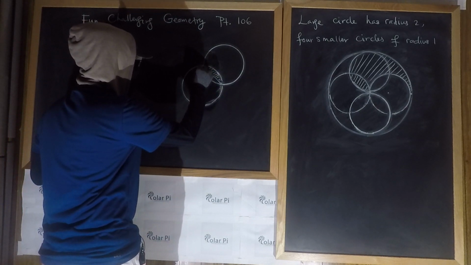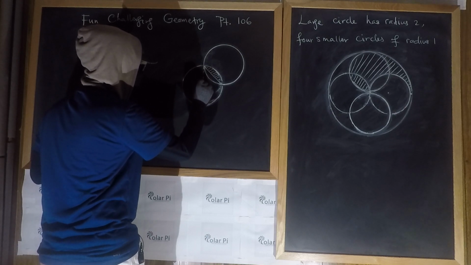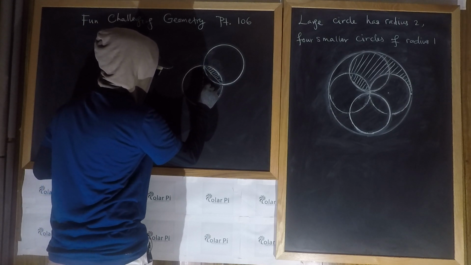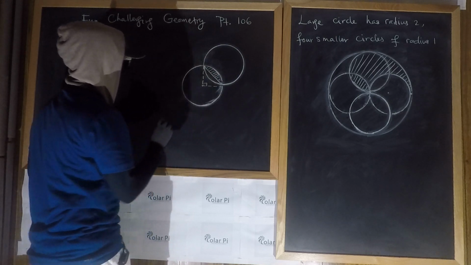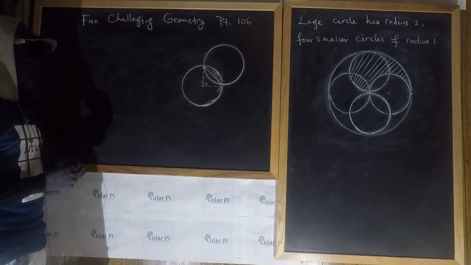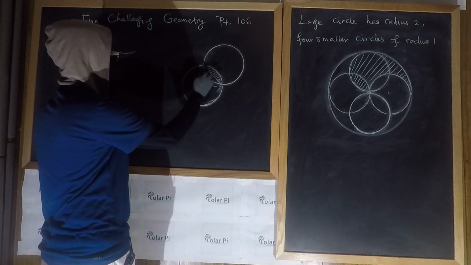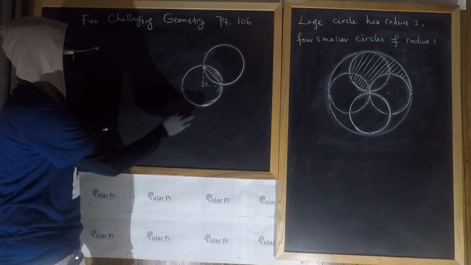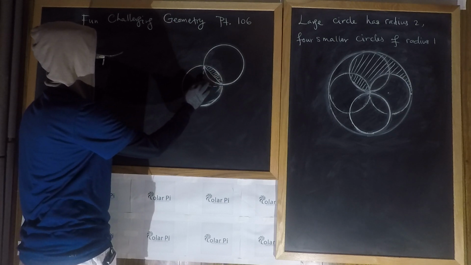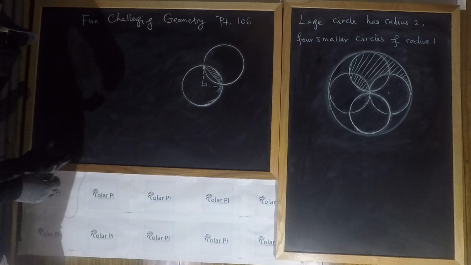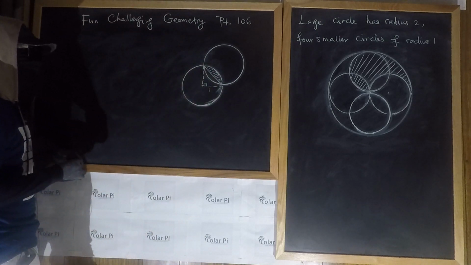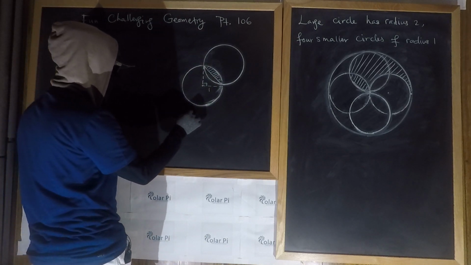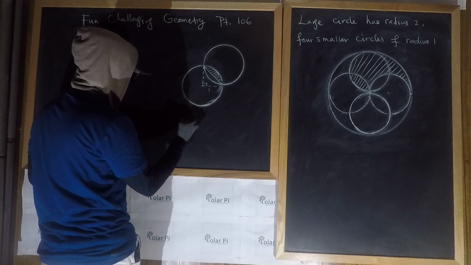If I make a quarter circle right here, with a right angle right there, then we can find the area of this quarter circle, all of it, and then take out the area of this isosceles right triangle. Since each of the small circles has radius 1, the area of the quarter circle would be pi over 4.